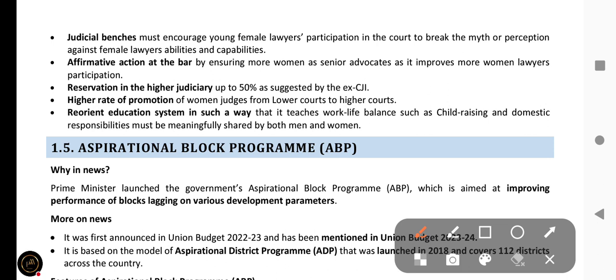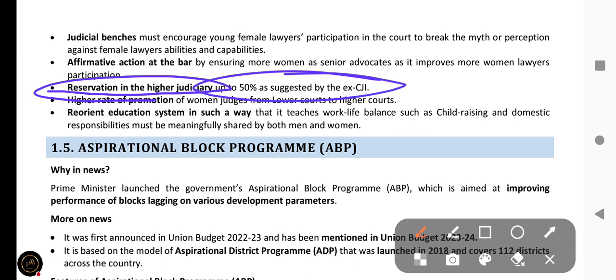Another solution is affirmative action at the bar by ensuring more women as senior advocates, as it improves more women lawyers' participation. Reservation in the higher judiciary up to 50% as suggested by the ex Chief Justice of India.